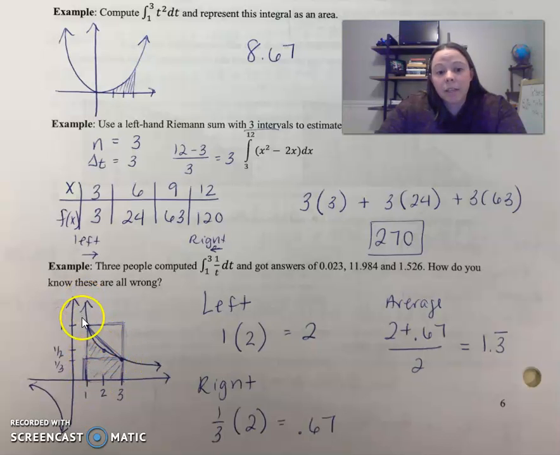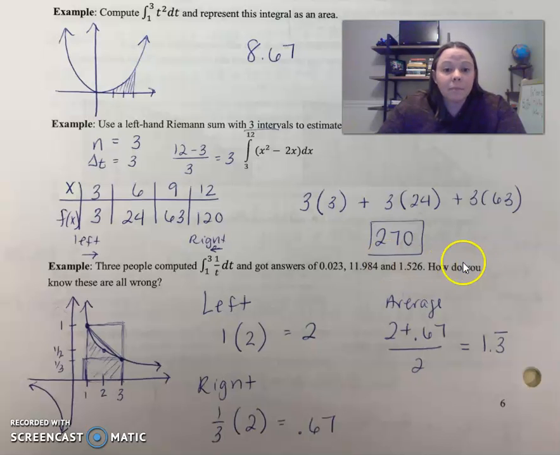And if you notice, because it's a concave up function, the area of that trapezoid happens to be a slight overestimate. And if 1.3 is an overestimate, 1.5 is bigger than that, so it can't be right. Okay. Now, had I used more rectangles, it would have just given me better answers to disprove these answers.